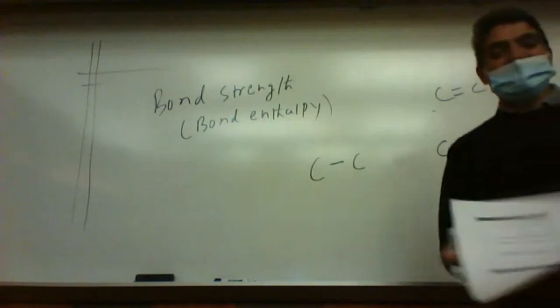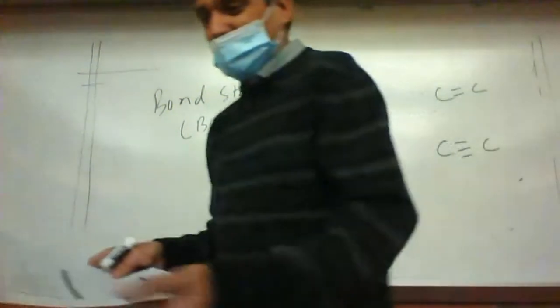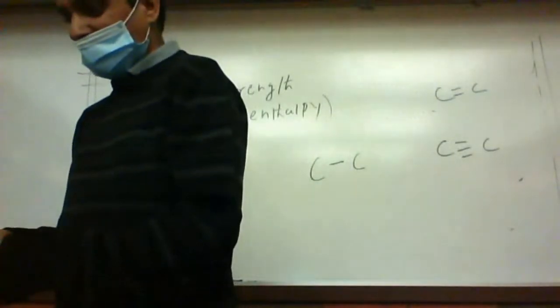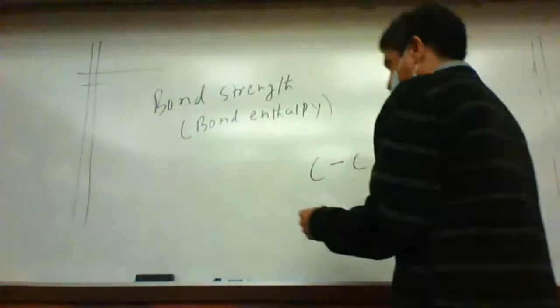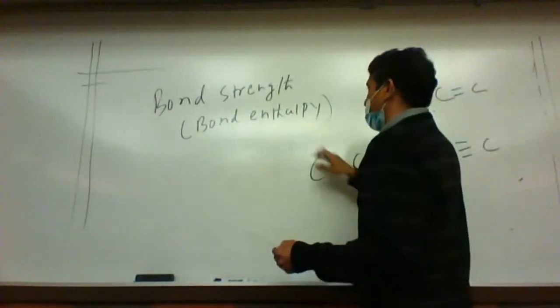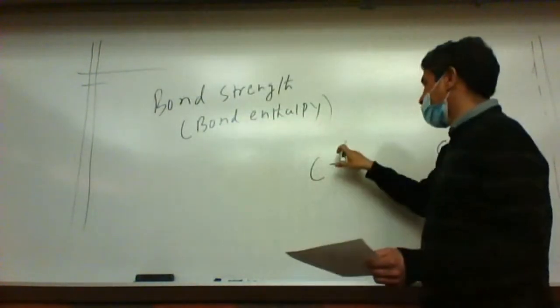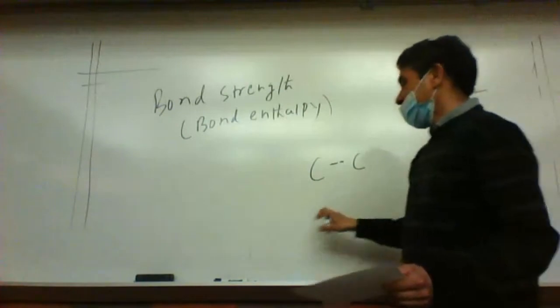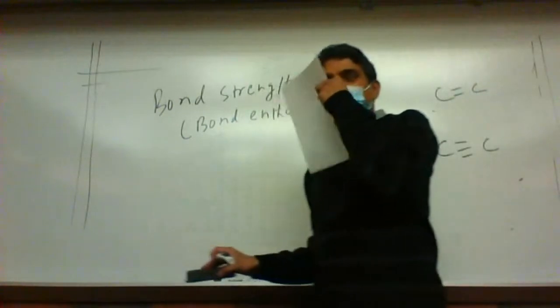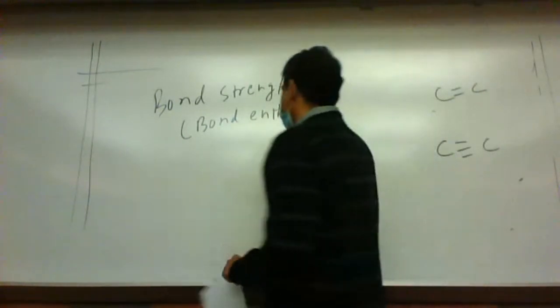We are just repeating the same thing for a different concept. They call it bond enthalpy. Sometimes they call it bond dissociation energy also. You have to dissociate this bond, and how much energy you give to break that bond is called bond dissociation energy.